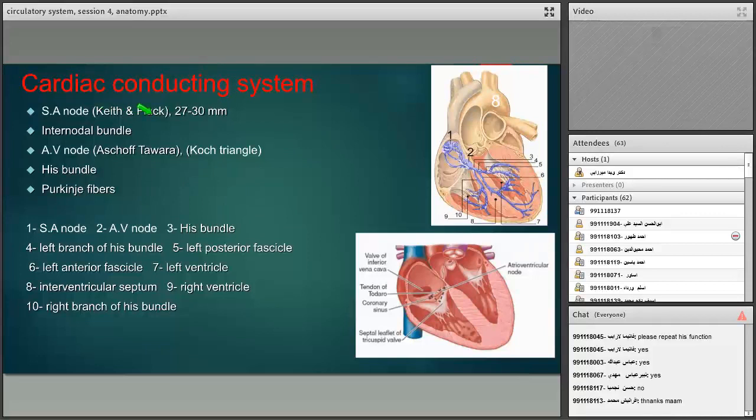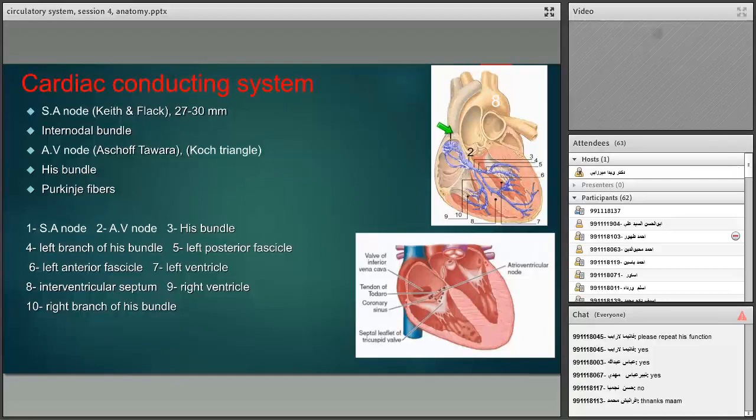These are the names of two researchers. It is near 27 to 30 millimeters, placed transversely on the opening of the superior vena cava.